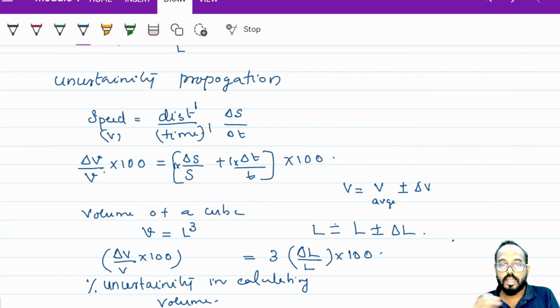If a power is there, like the L cube example, 3 you will multiply. For distance by time, distance power is 1 multiplied by fractional uncertainty delta S by S plus 1 multiplied by fractional uncertainty in time delta T by T, multiplied by 100, you will get the percentage uncertainty. So this is the theory concept about the uncertainties and how you calculate it.